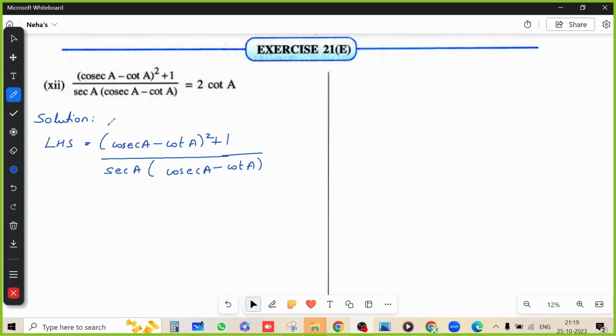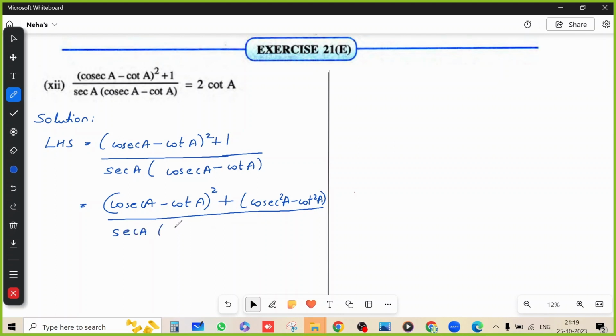The left hand side of the next question is given as this, so we can now write it as cosec A minus cot A whole square, and plus 1 can now be written as cosec square A minus cot square A. The denominator is copied as it is for now.